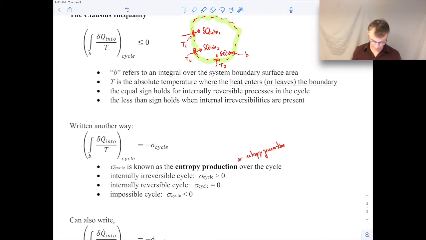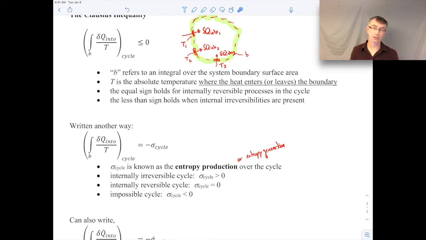And the other thing that we'll add to it is that it's impossible to have a negative entropy production. Okay, that's impossible. The reason for that is if you go through the derivation, what you'd find is it means that you're violating the second law of thermodynamics. So you can't do that. This entropy production has to be greater than or equal to 0 at all times. Okay.